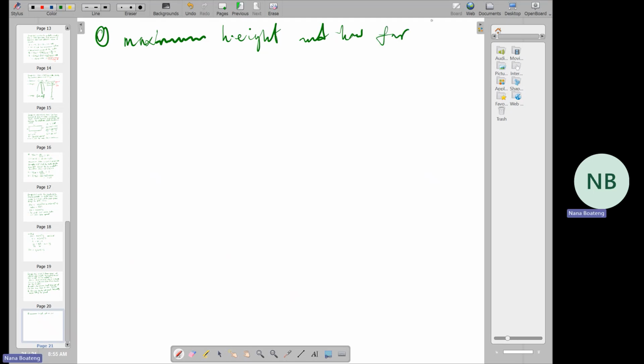The maximum point and how far it was will be the vertex point.